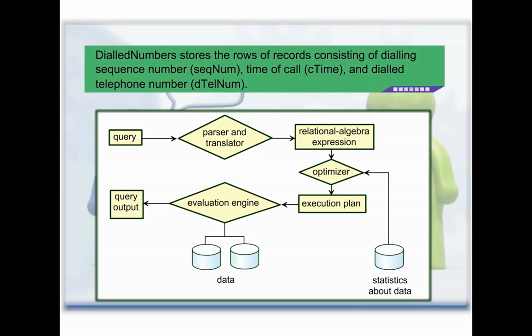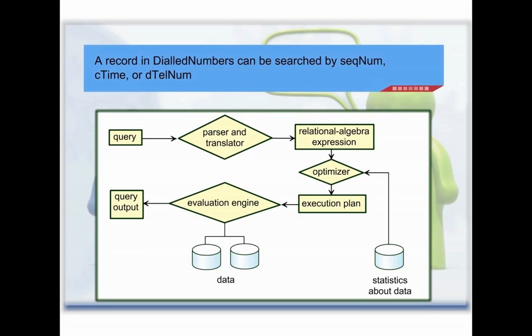Dial numbers stores rows of records consisting of dialing sequence number, SEQNUM, time of call, CTIME, and dial telephone number, DTELNUM. A record of dial numbers can be searched by SEQNUM, CTIME, or DTELNUM.